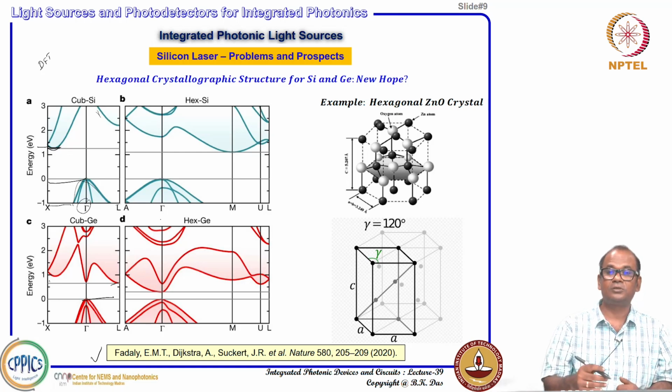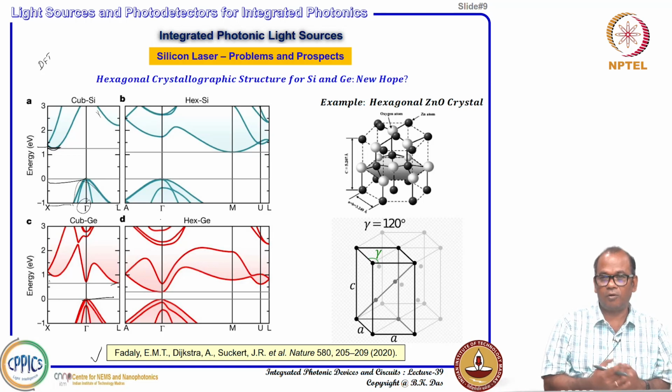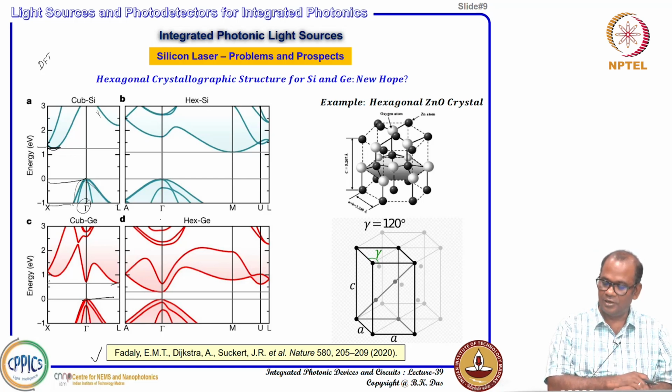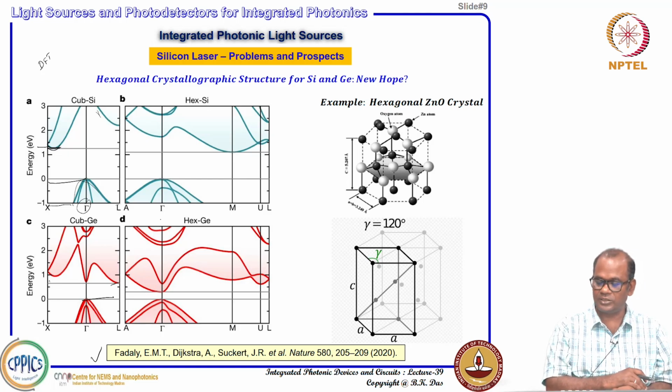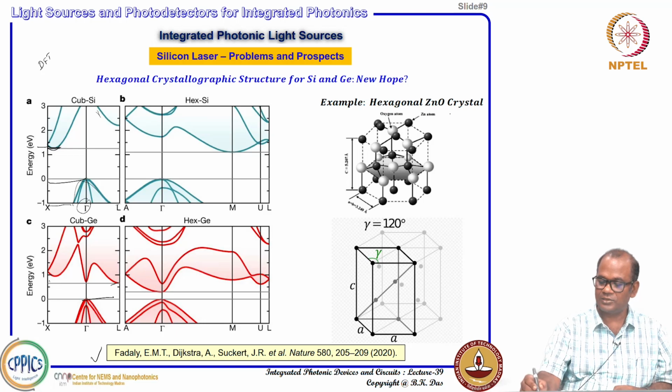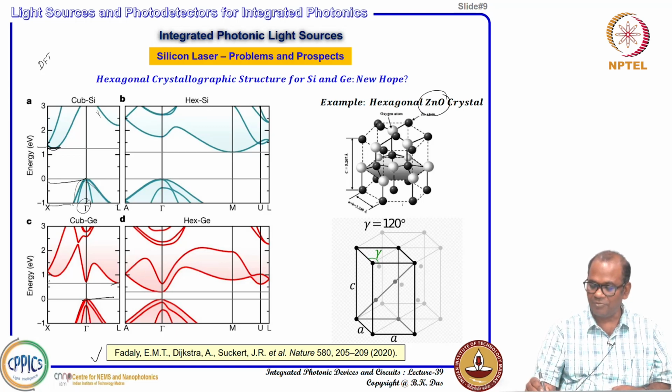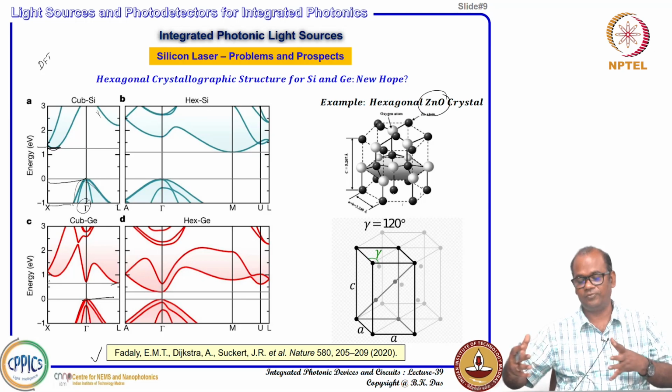But what if you can somehow grow silicon and germanium with a hexagonal crystallographic structure? What is that hexagonal crystallographic structure? It is something like zinc oxide. If you see the crystallographic structure of zinc oxide, the atomic arrangement takes a hexagonal shape.